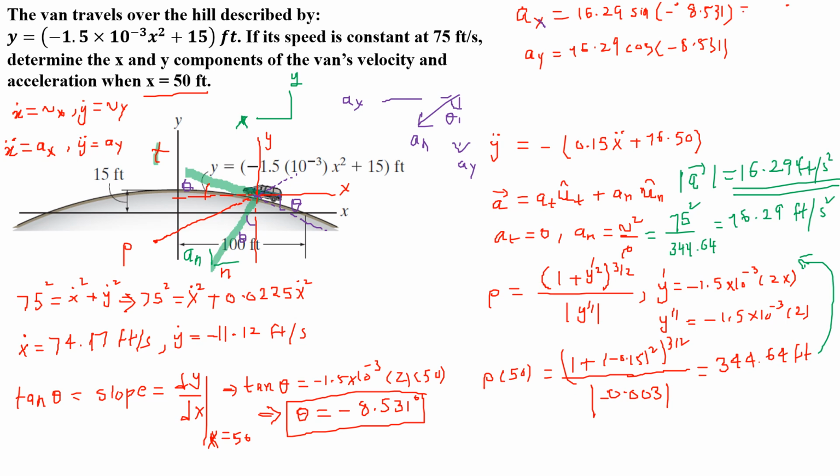The first one I got to be negative 2.42 feet per second squared, and a_y I got to be 16.1 feet per second squared. So it means this car is decelerating in the x direction, and for the y direction, the component of the acceleration is here.